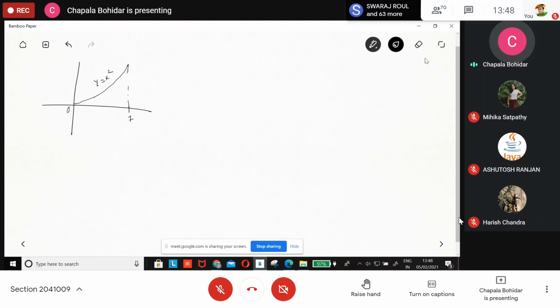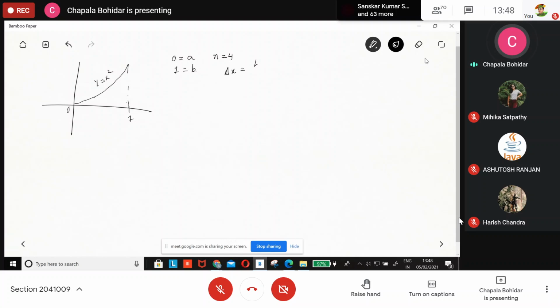Now we divide this 0 to 1 into 4 parts. Let us assume 0 as a and 1 as b, and we divide it into 4 parts, that is n is equal to 4 rectangles. So what is the value of del x?